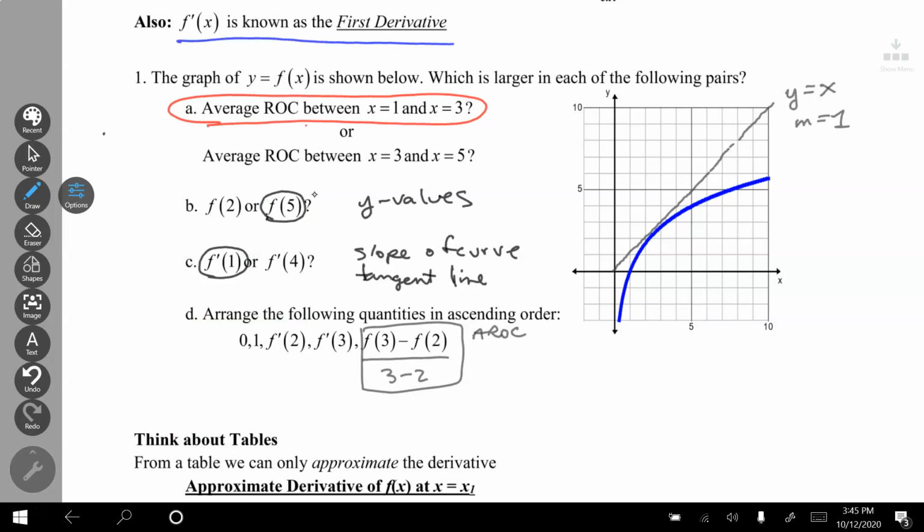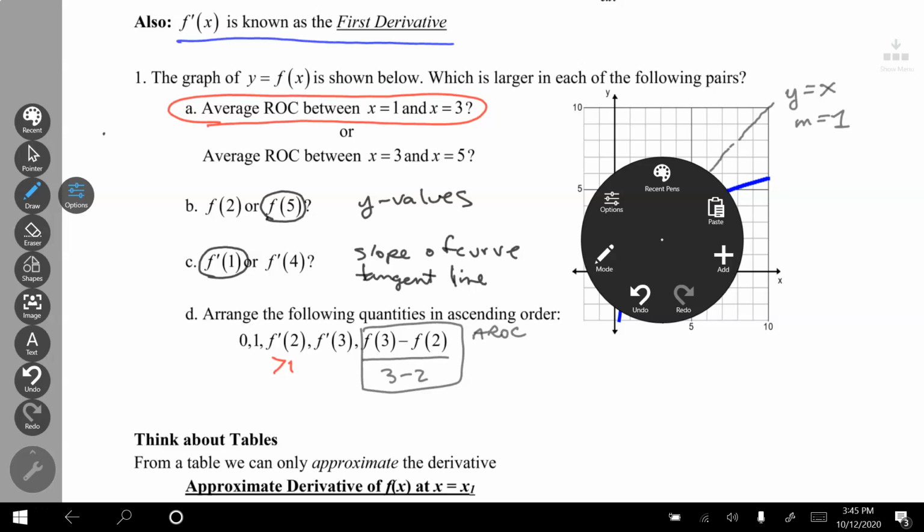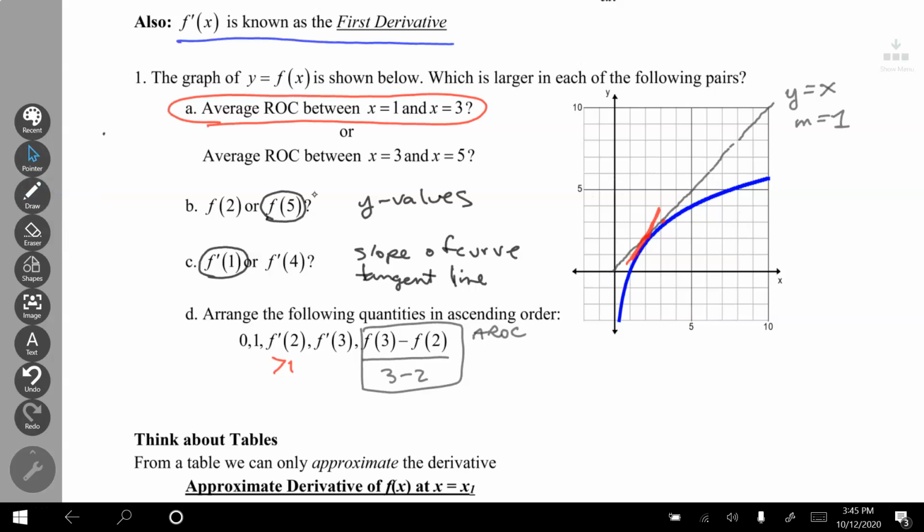Well, let's take a color, red. So f prime of 2, I go to 2, I draw f prime, and this slope, it's a little bit bigger than 1. And at 3, which is right here, this is right here.